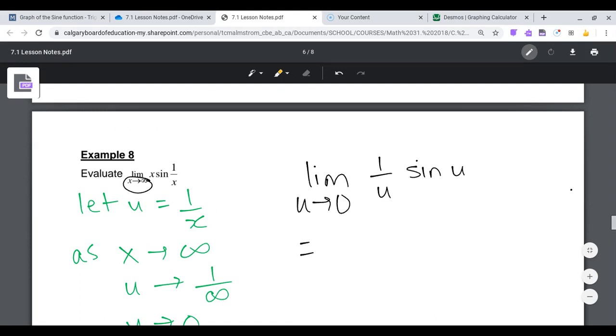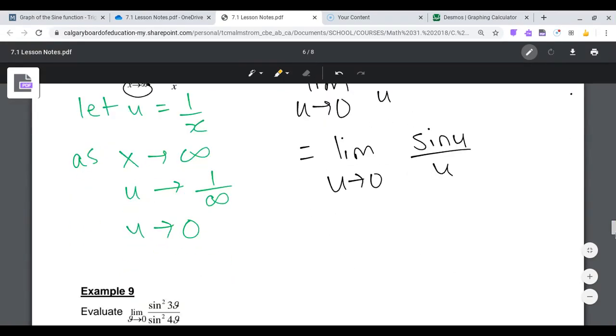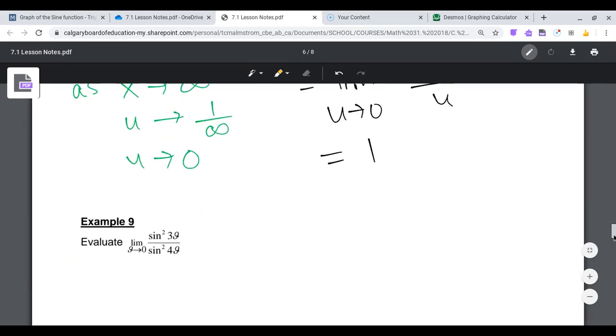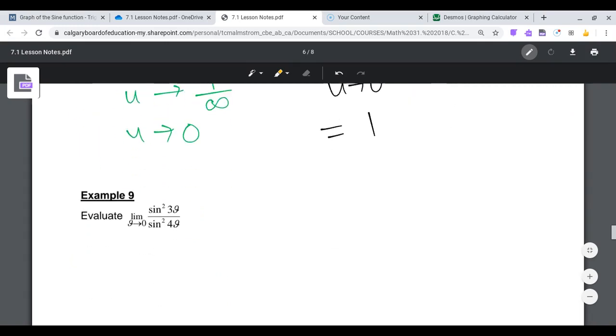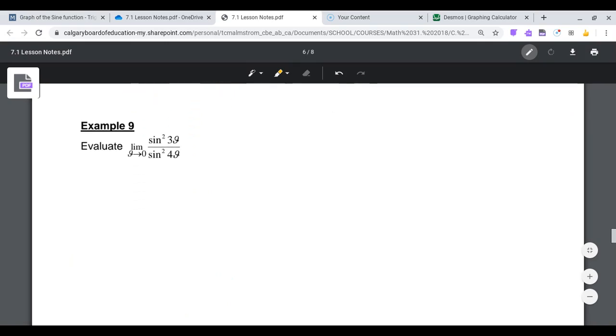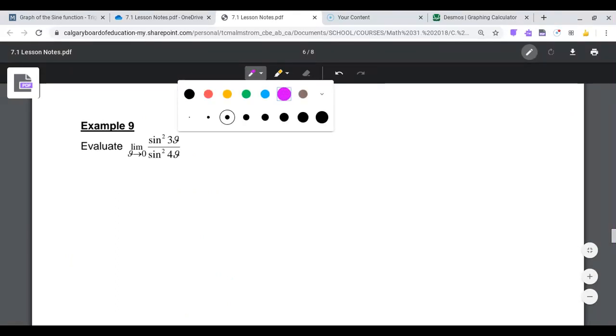So this could be written as the limit as u goes to 0 of sine u on u, and that, you guessed it, just equals 1. So that's another different type of way that we can do our algebra. We could use a let statement, and as long as we get all our pieces to match up to our fundamental trig limit, then it's a new way of getting our answer to our limit.